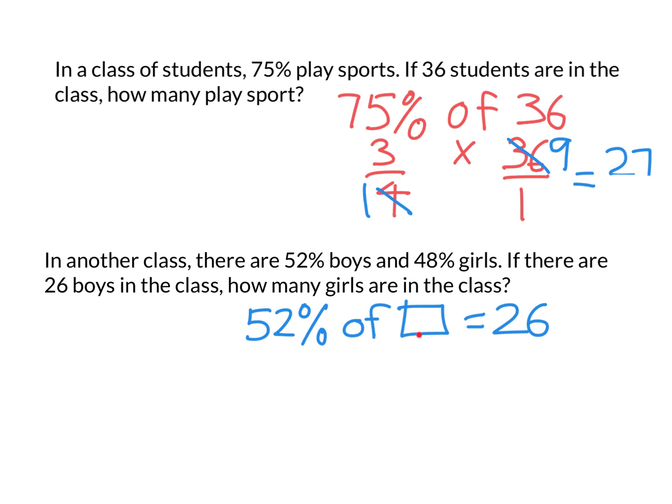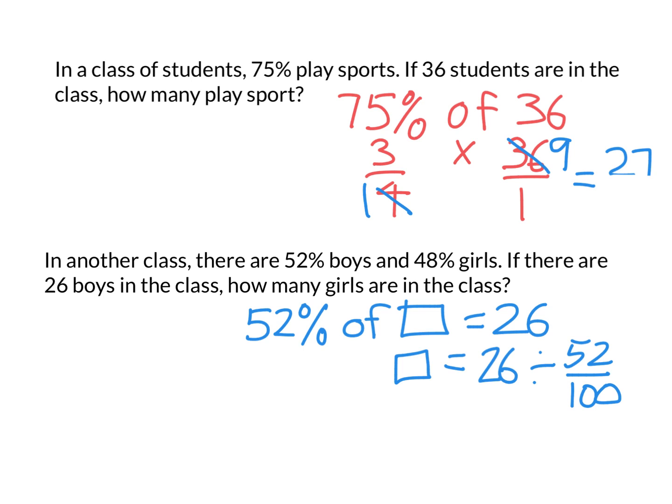So when you're finding the original amount, you're finding the amount before the percentage was applied. Instead of timesing, you will divide. So instead of timesing by 52 over 100, we're going to take 26 and divide by 52 over 100. So of course, I don't want to divide 26 by 52.